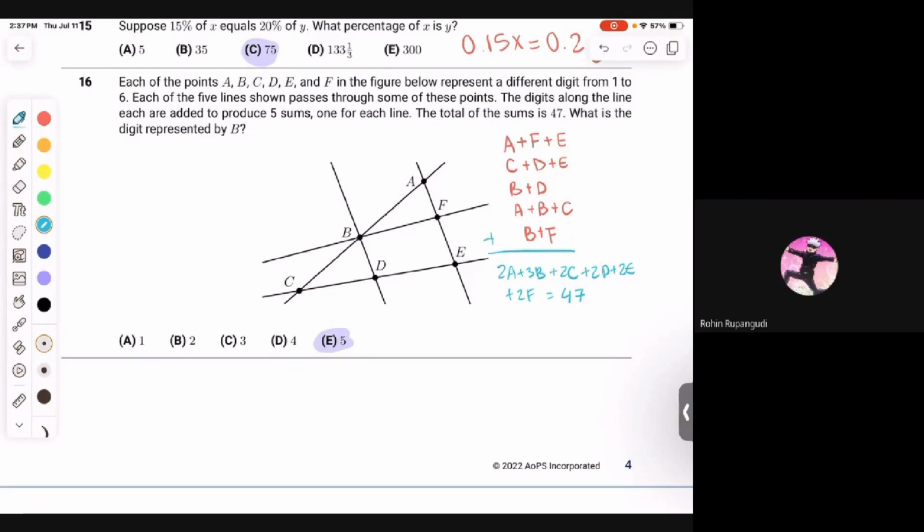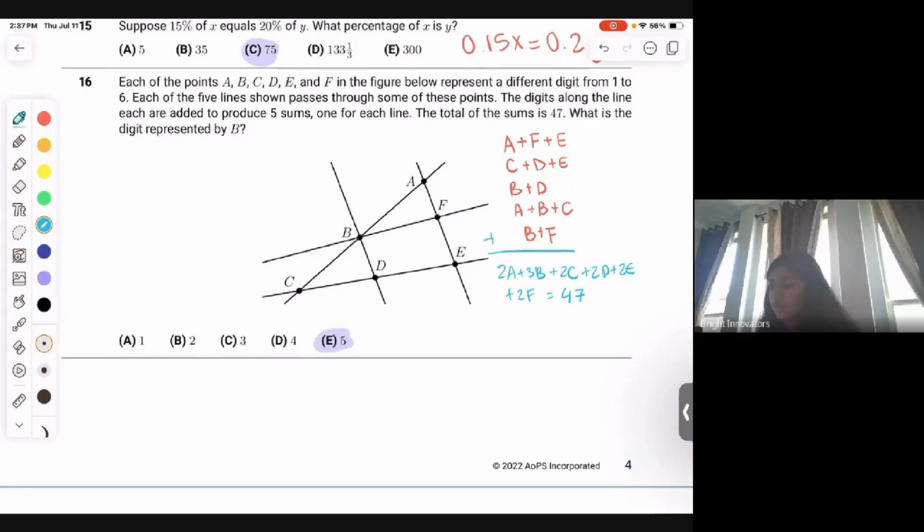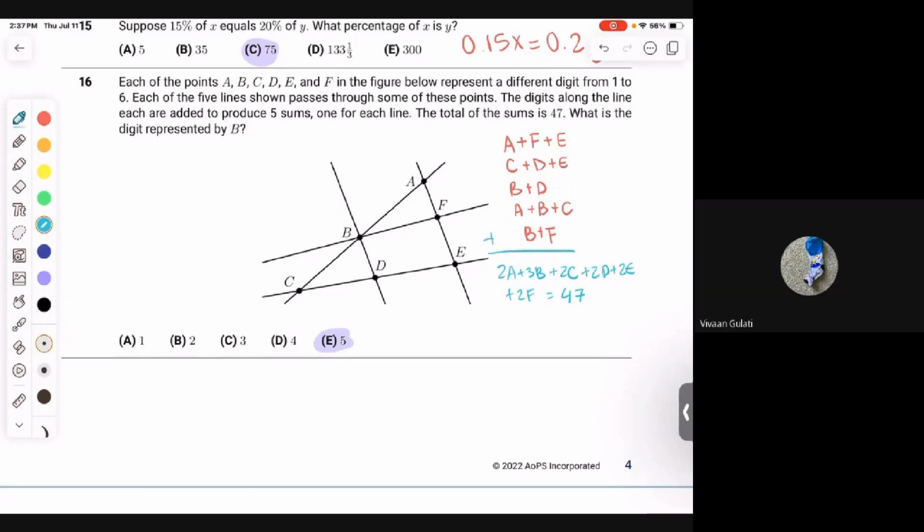Wait, I have another idea. After you got all those 2A's and B's, if you try one, then no matter what it is, everything except 3B will equal 30. Okay. I have another method.